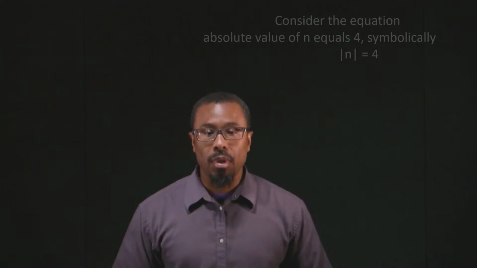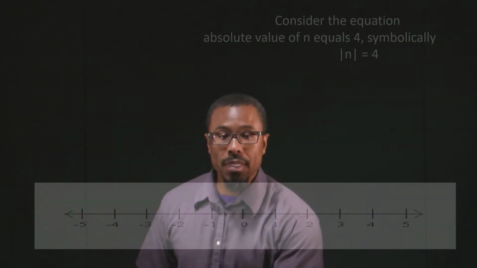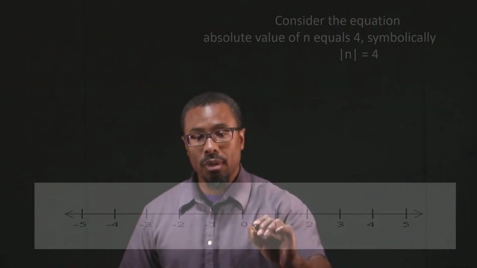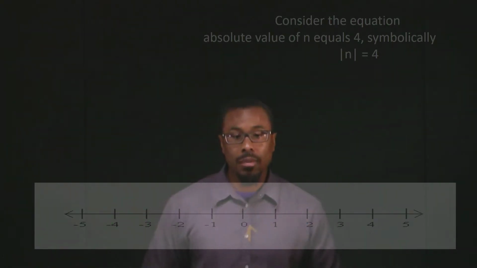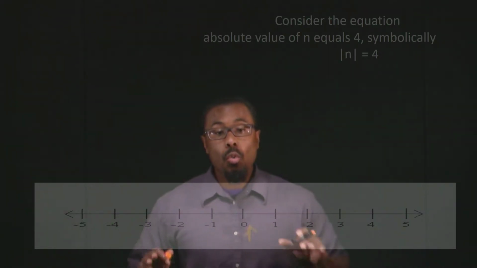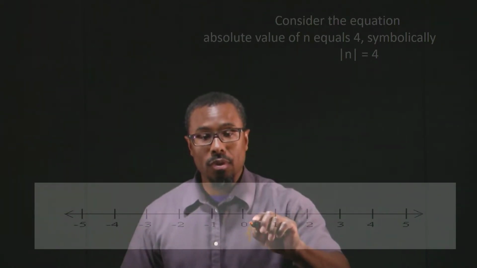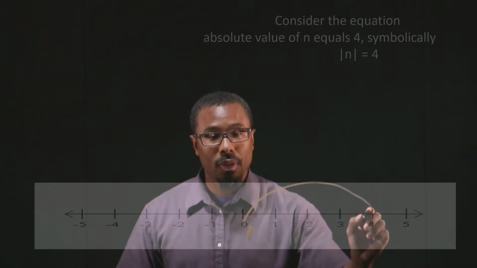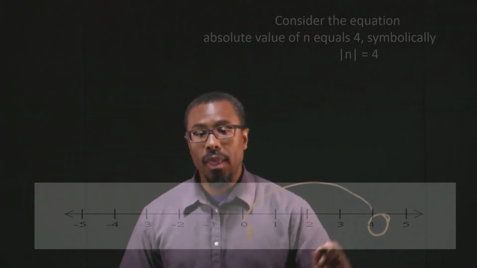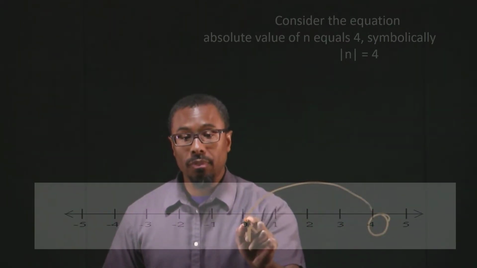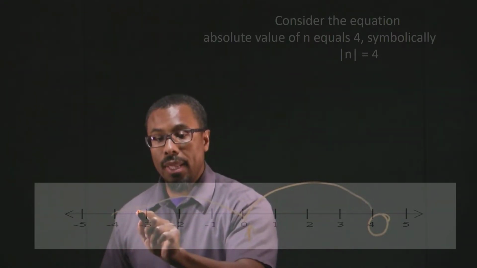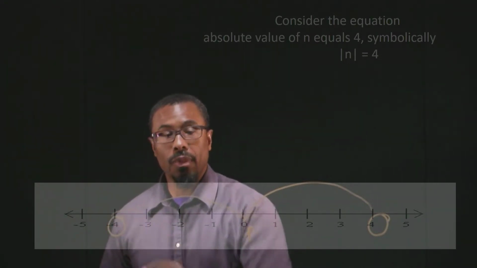So let's consider the number line. We have our 0 here. We want to find 4 units away. So we go 4 units away, positive 4. And if we go the other direction, 4 units away, we're at negative 4.